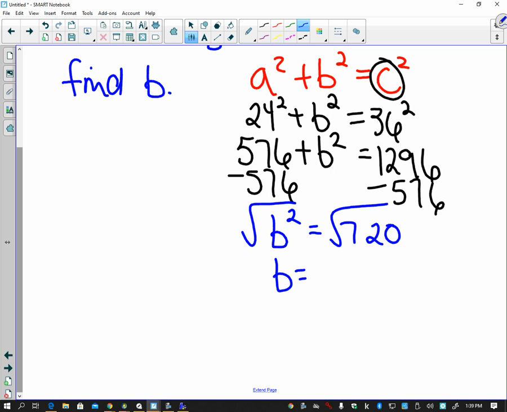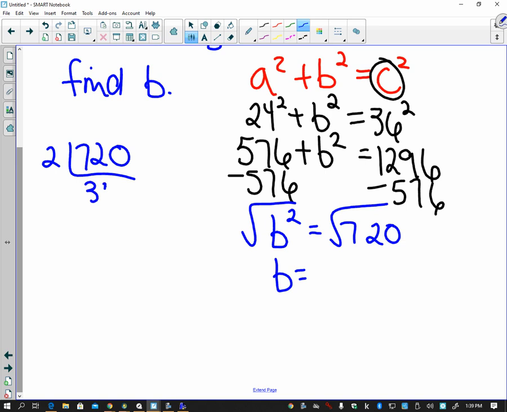Okay, this might not be a bad time to show you guys how to simplify radicals. How many of you are familiar with simplifying radicals? 1, 2-ish. All right, so not that you're going to need to do this on the test, but it's not a bad skill to have, to break a number down into primes. So we can take 720 and divide it by the prime number 2. We would get something like 360.